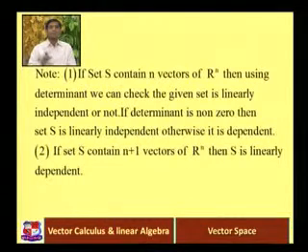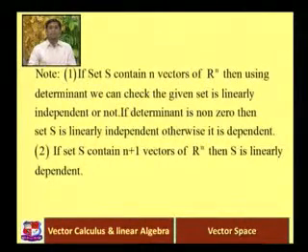So if your set contains exactly n vectors of Rn, then you can check the determinant, otherwise not. Okay. So check the determinant. If the determinant is non-zero, you can say that the given set is linearly independent. If the determinant is 0, the given set is linearly dependent.